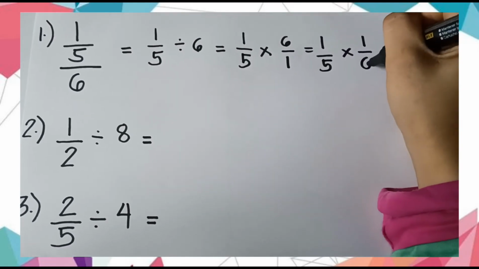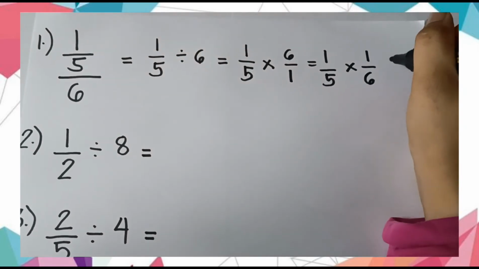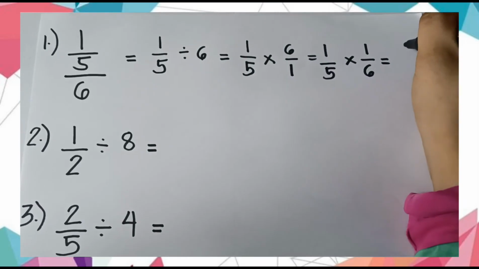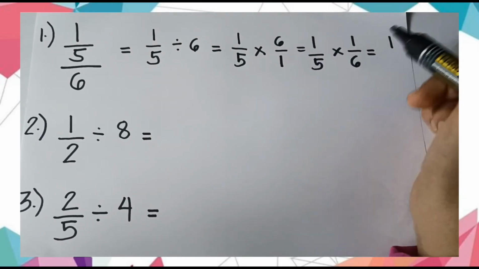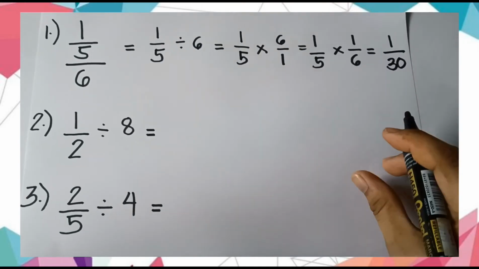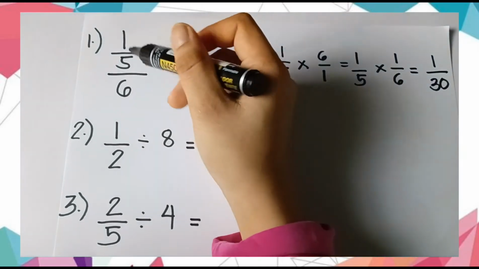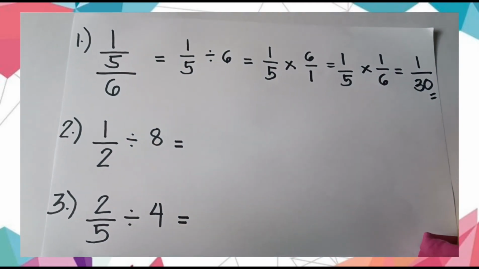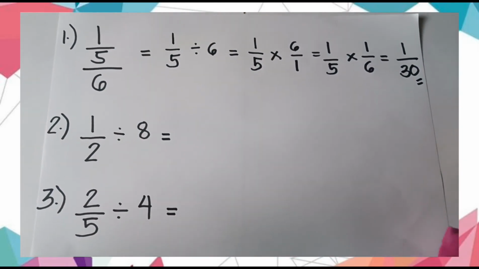Then we flip 6/1, that is 1/6. And we are now ready to multiply the two fractions. 1 times 1 is equal to 1, all over 5 times 6, which is equal to 30. So 1/5 divided by 6 is equal to 1/30.